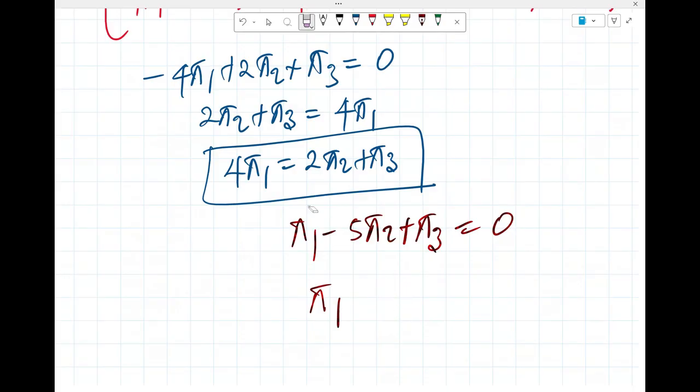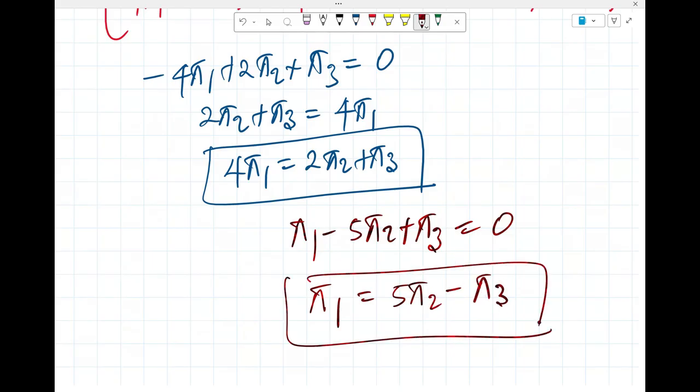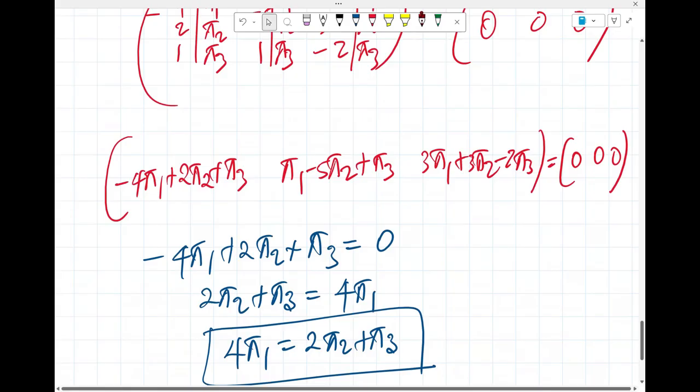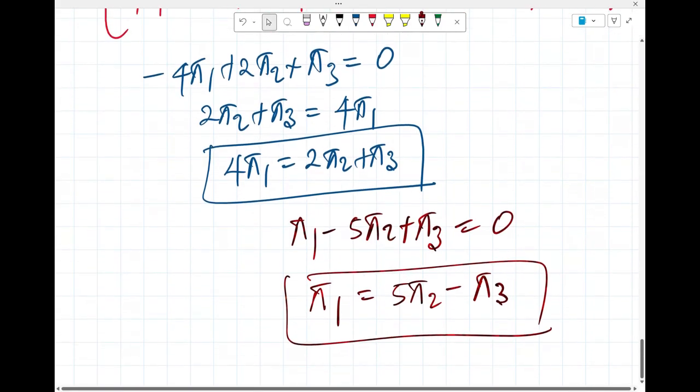Since we're already on this journey, that means pi 1 is equal to 5 pi 2 minus pi 3. So we have this one also, because pi 1 is already the subject of the formula here. Then we can go for the third one.